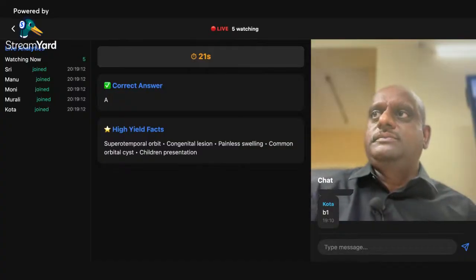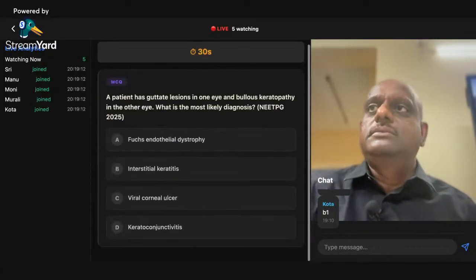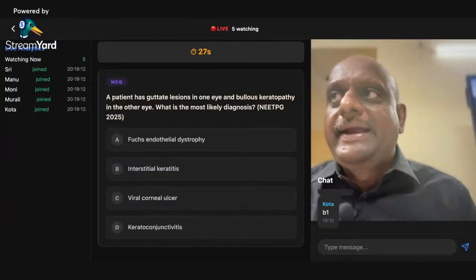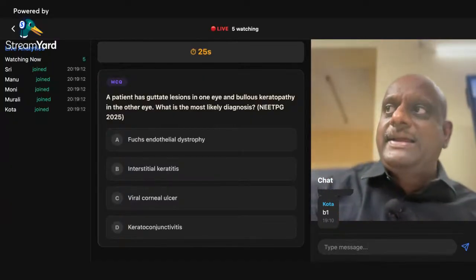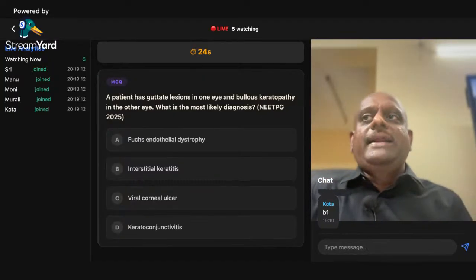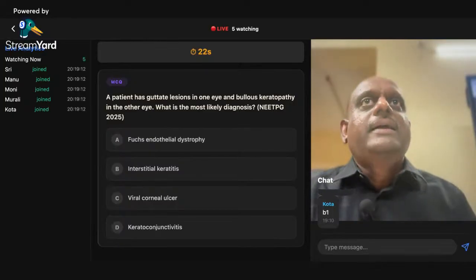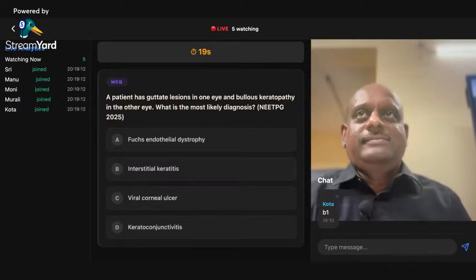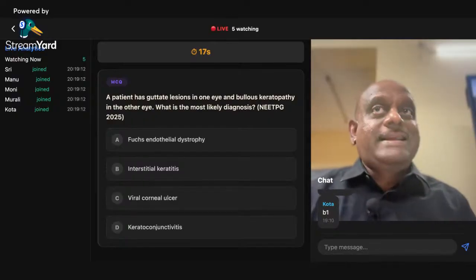Now, doctor. A patient has a guttate lesion in one eye and bullous keratopathy in the other eye. What is the most likely diagnosis? Cornea. Bullous keratopathy with guttate lesions.